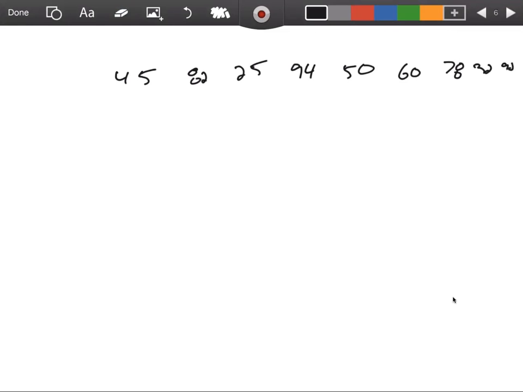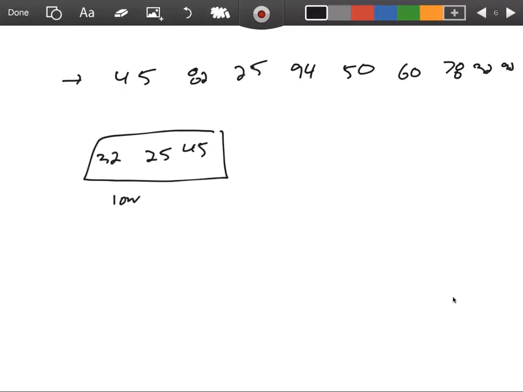I ran out of room. If they pick again, like I did, a partition of 50, then the lower would have in it the 32, the 25, the 45. That's all that's in the lower.